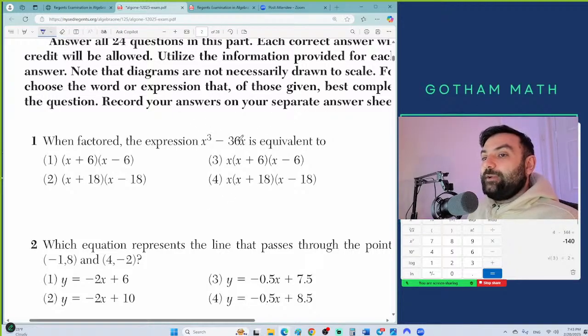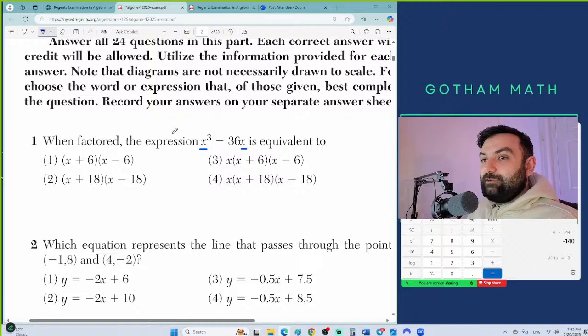All right, so we want to factor, and as soon as I see this binomial, x to the third, 36x, I see that they both have x. So I can factor out x right away.